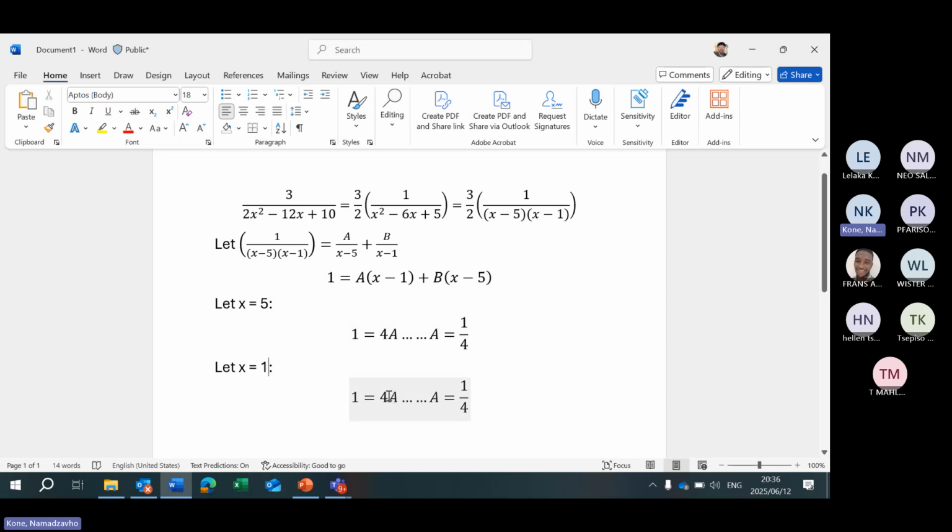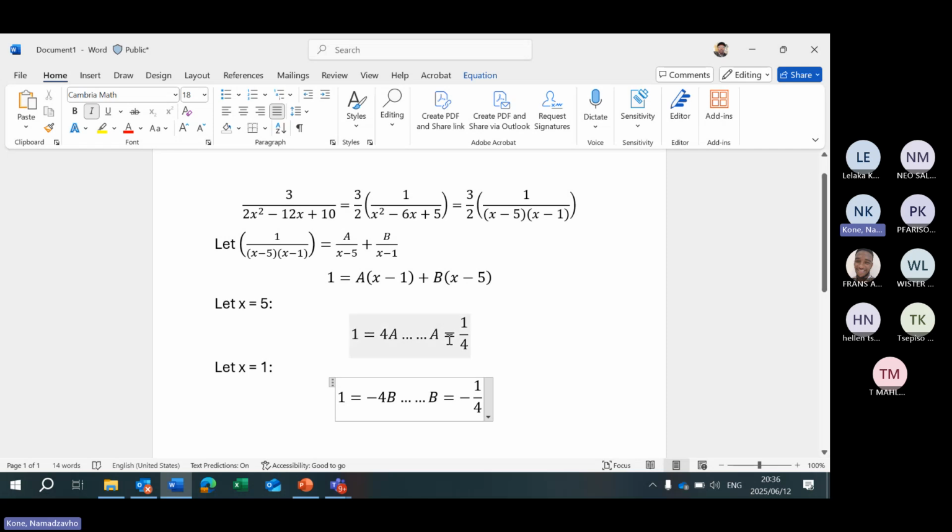So b is minus 4b, right? Minus 4b. Therefore, b is negative 1 over 4. So somebody has mentioned these answers.